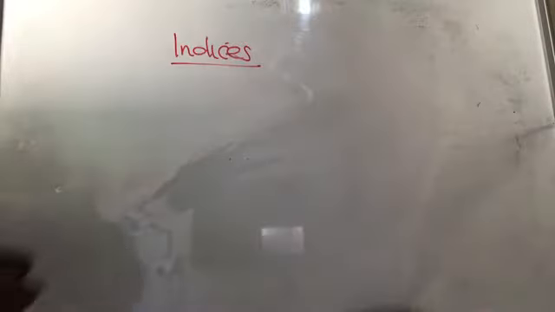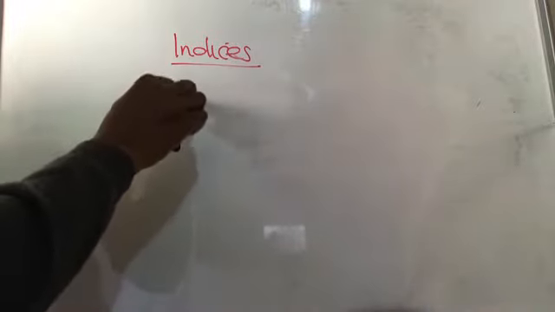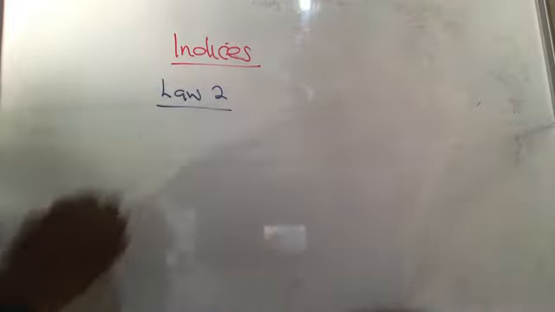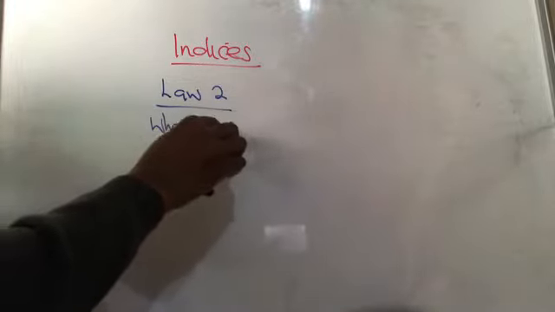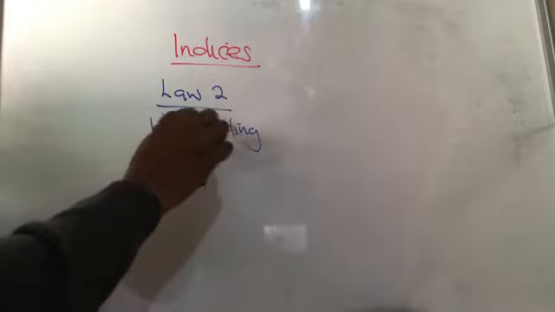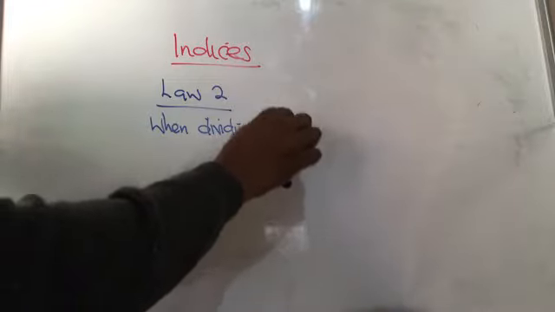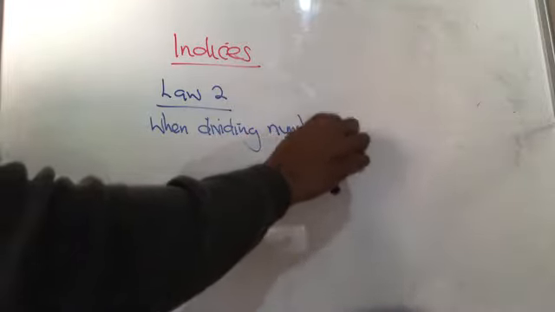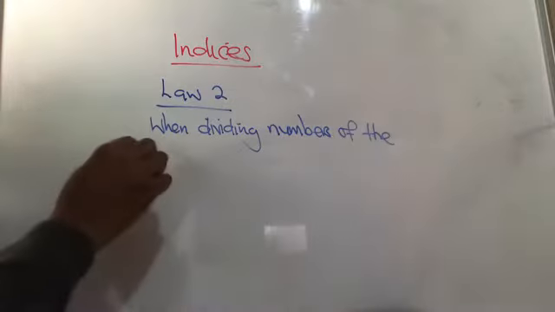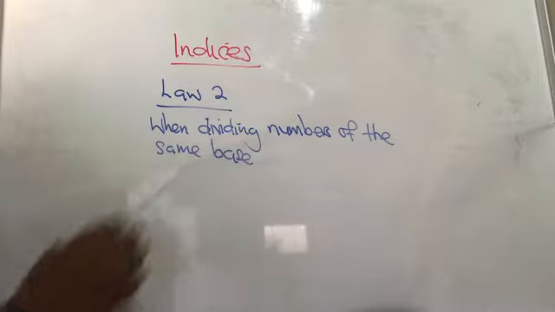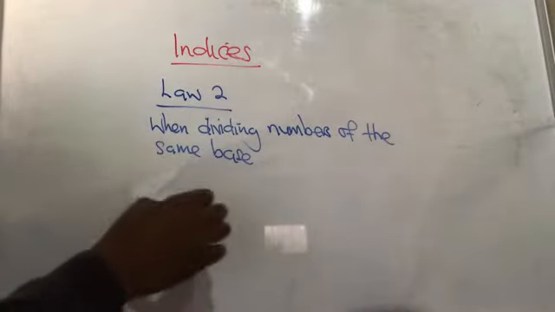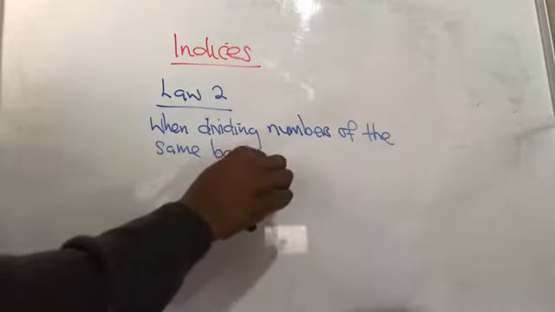Law number 2 in words can best be described as follows. When dividing numbers of the same base, again, the key words are same base, we subtract the powers.